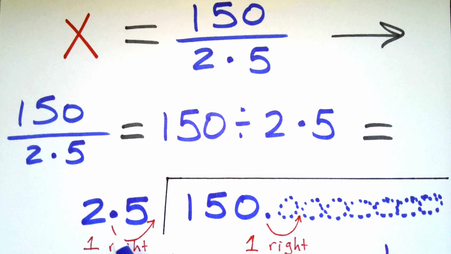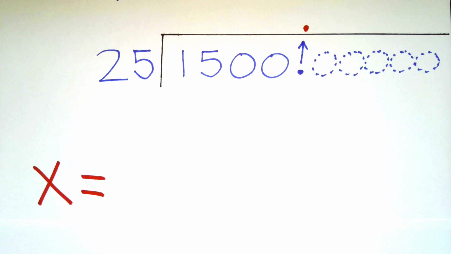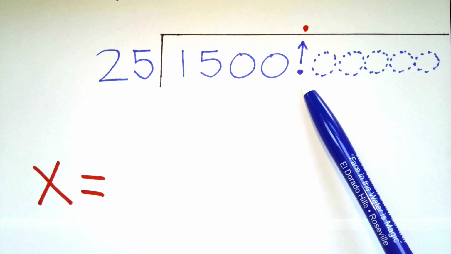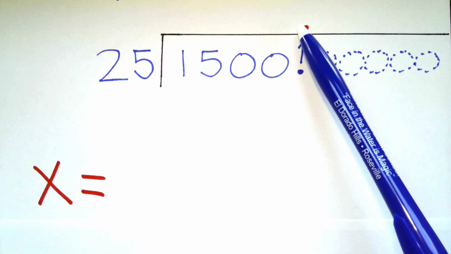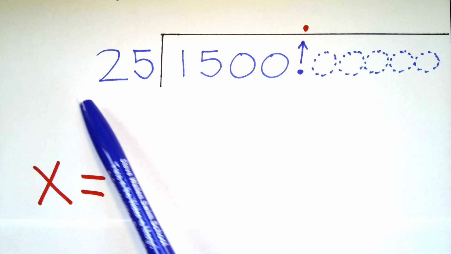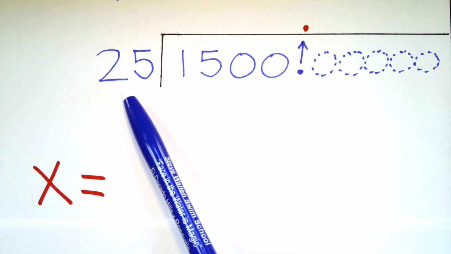And because I did that one time to the right, I need to move the decimal on the inside of the divisor bar one time to the right as well. Okay, so after we move the decimal, we have 1,500 with the invisible decimal showing raised above the divisor bar here. And then we have 25 on the outside.